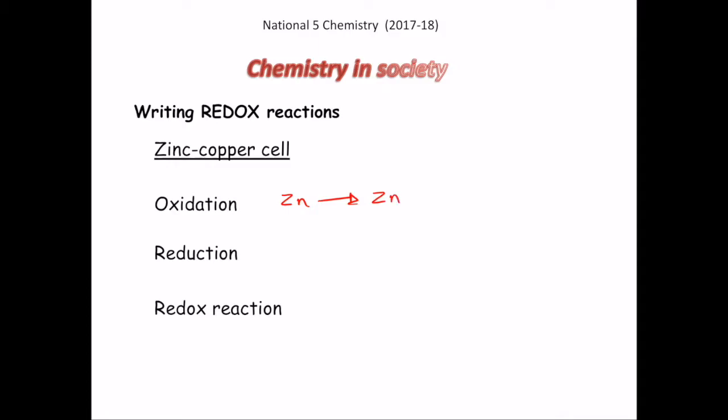Zinc would change into zinc ion, losing two electrons. Reduction takes place at the copper end, where copper ions will accept electrons, changing into copper metal. So the redox reaction would be zinc plus copper ions giving you zinc ion plus copper.